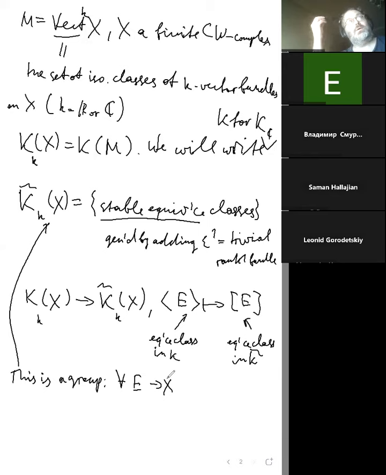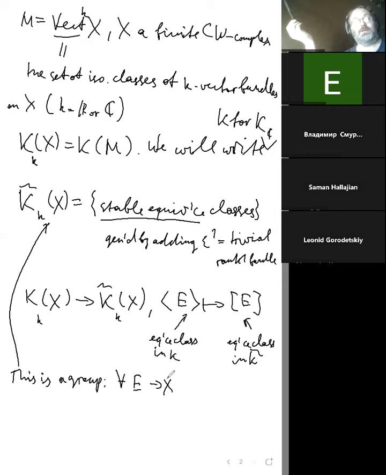So if the bundles have different rank, then we have to add different numbers of copies to get isomorphic bundles. For example, we know that the tangent bundle to the n sphere plus one copy of the trivial bundle is trivial.